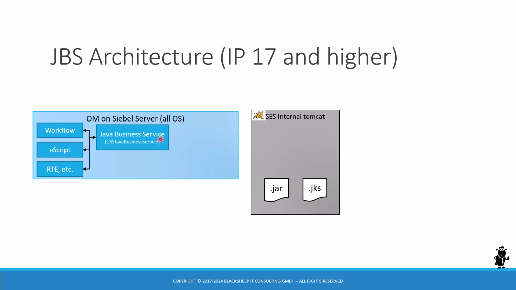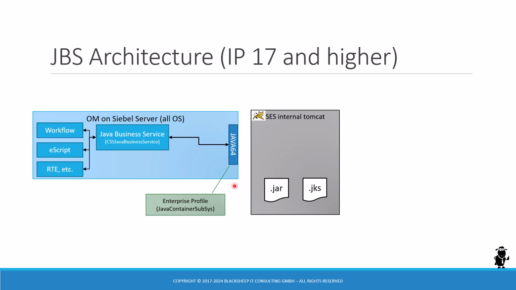So that Java Business Service is invoked, but how does the Java code on the Tomcat actually get to run? The secret ingredient, or not so secret actually, is this enterprise profile, which you can also refer to as a named subsystem. And this is called JAVA64.